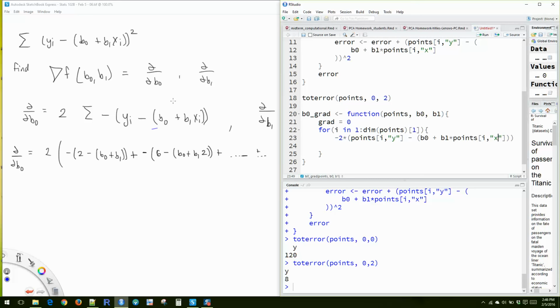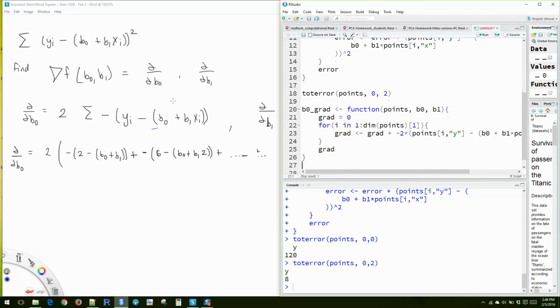So basically our x of i. Okay? And so we're going to start off with a gradient, and update our gradient, so we take our gradient plus that thing. Okay, and then return the gradient.